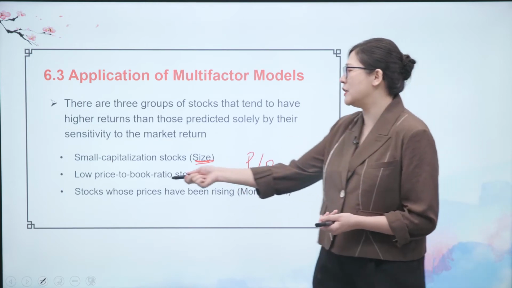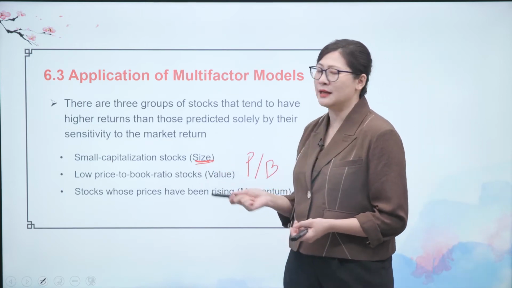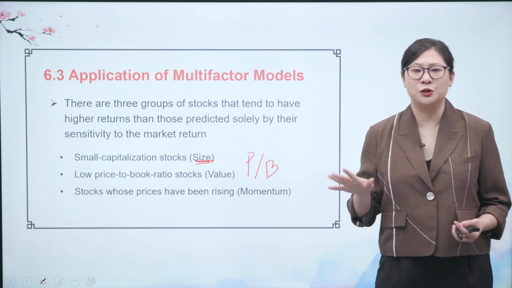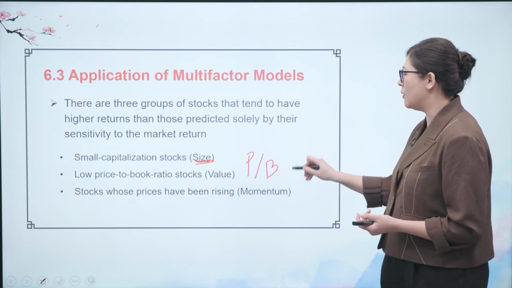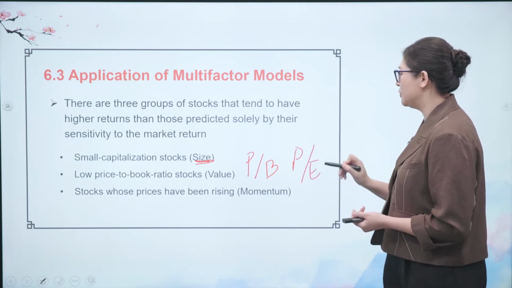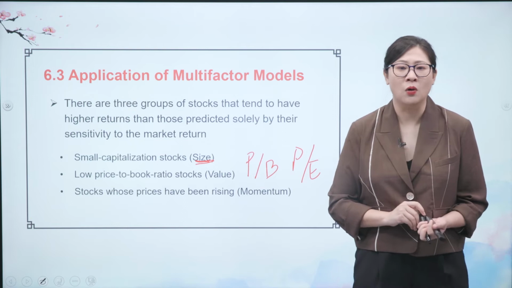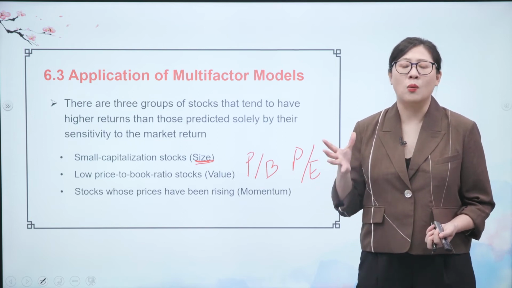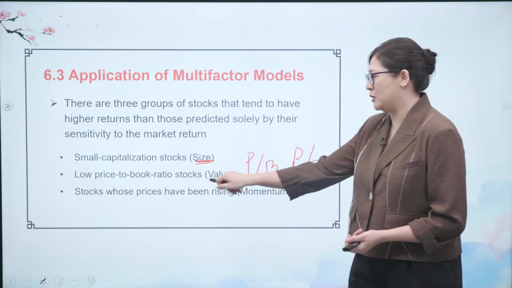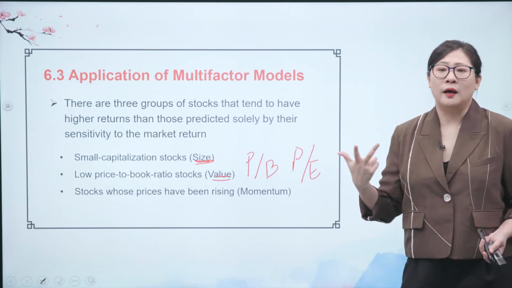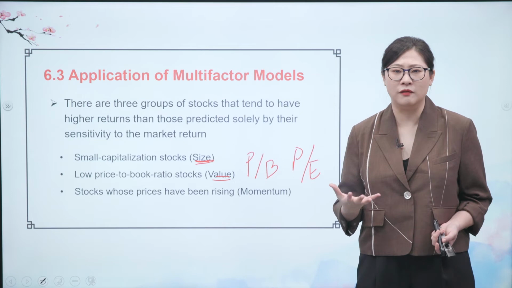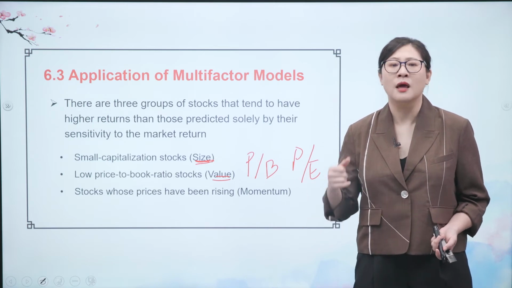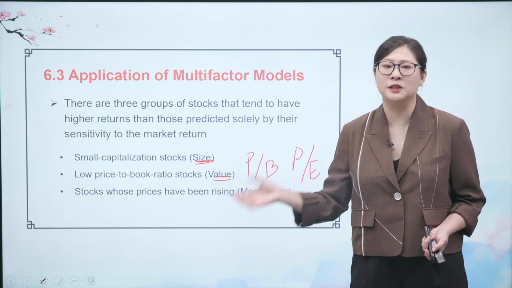And the second conclusion is the low price-to-book ratio. A low price-to-book ratio or low price-to-earnings ratio means our stock is a value stock. From this conclusion, we know the value stock might have a higher expected return compared with the growth stock.